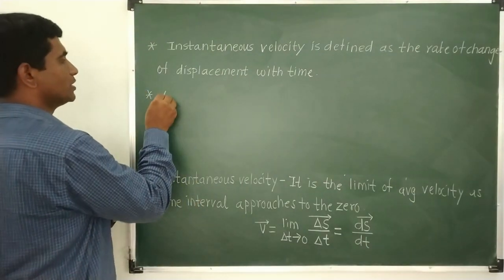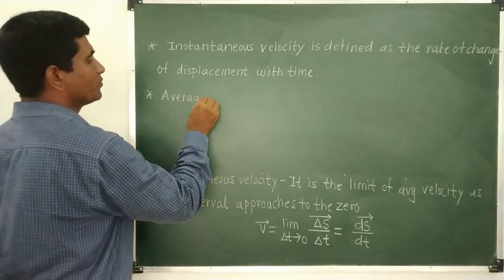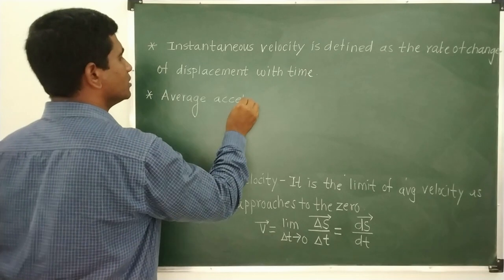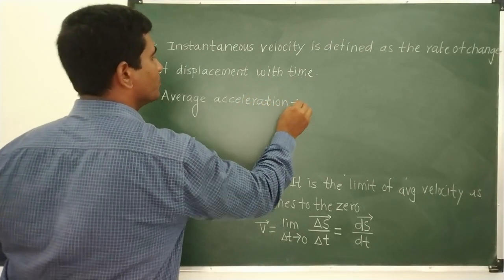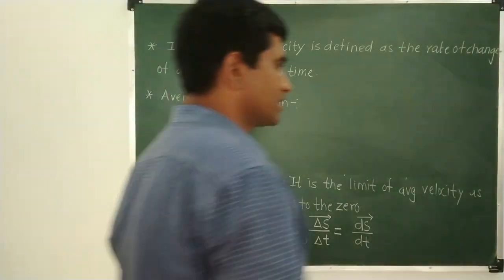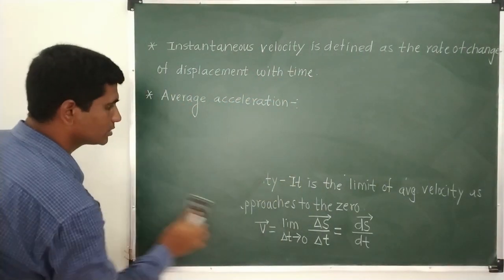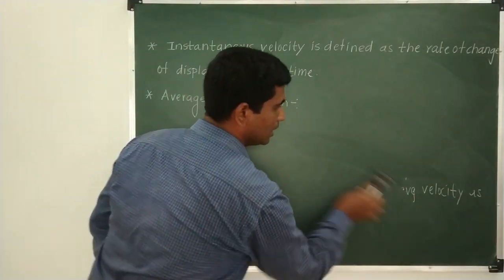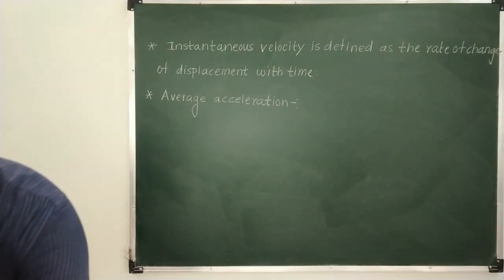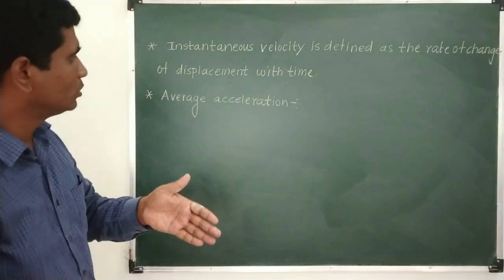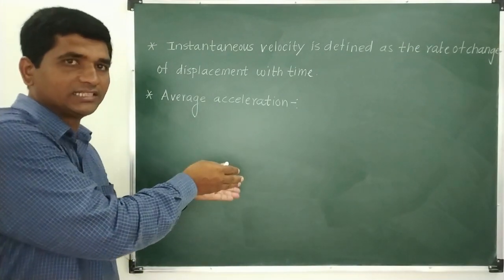The first quantity which we have to discuss is the average acceleration. Now this average acceleration is defined similar to the velocity. Velocity we derived from the quantity displacement.